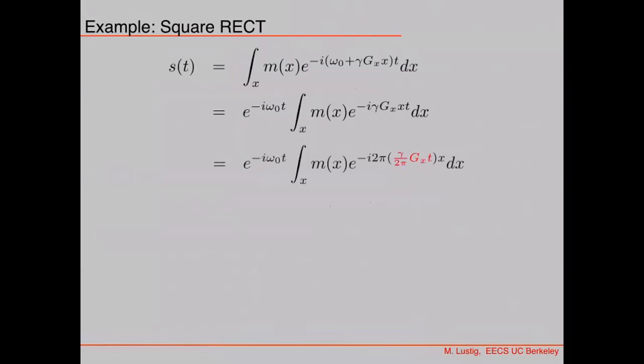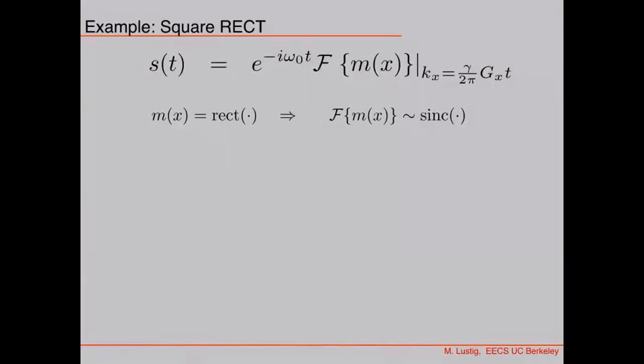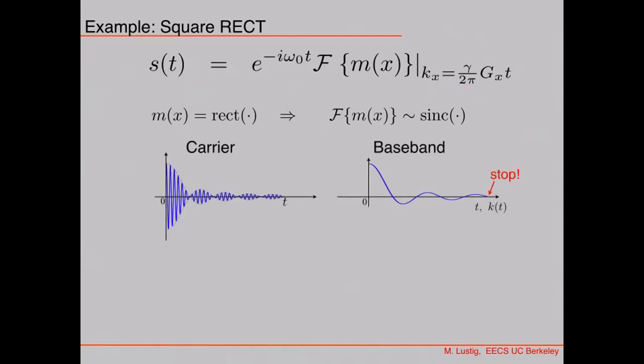So the signal that we get is proportional to the Fourier transform of our object at k's that are increasing in time. If the object is a rect, then the signal I get is a modulated sinc.